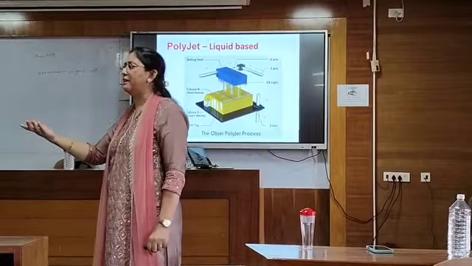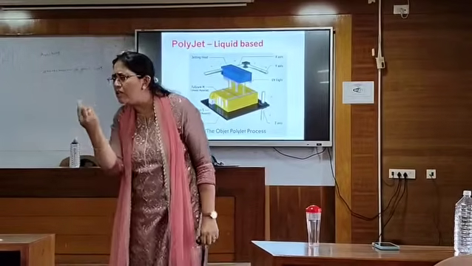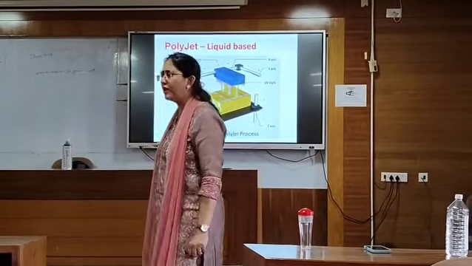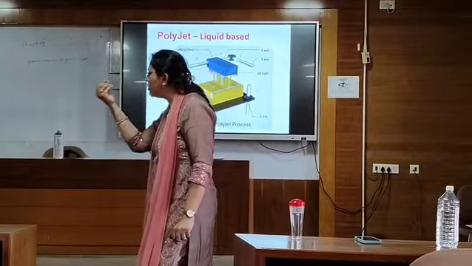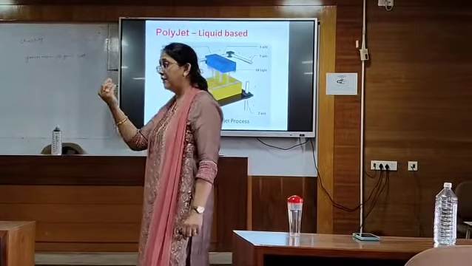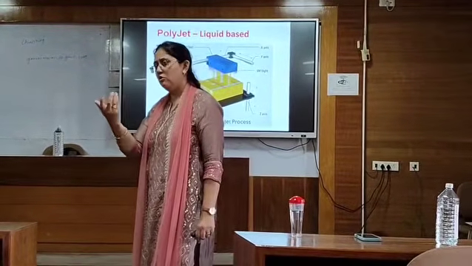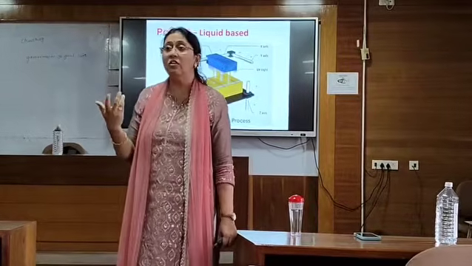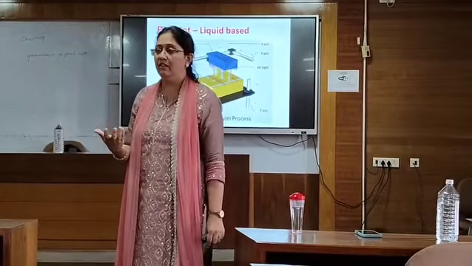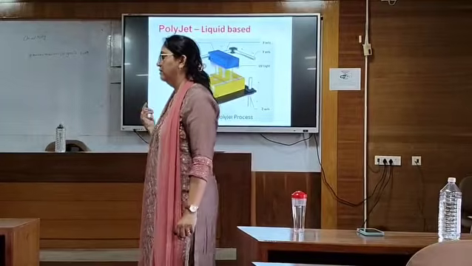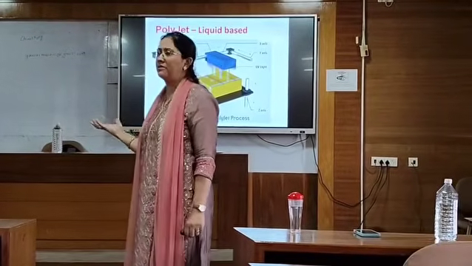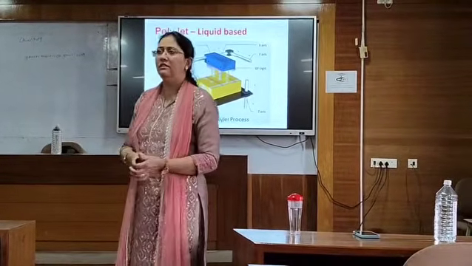Because the layer thickness is 16 microns, very small, the machine resolution is very fine. You can print very small features very precisely. So this is the beauty of PolyJet. The cost of this machine is around 1 crore. An extremely precise machine technique.